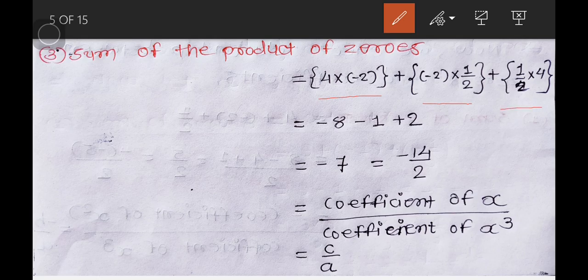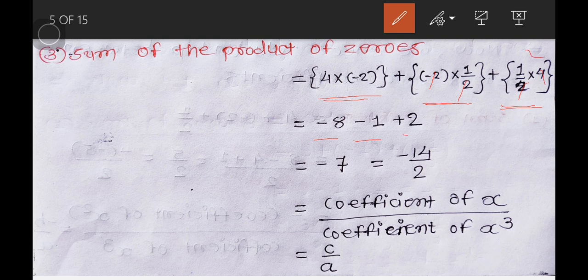We first take the products and then sum them. So 4 into minus 2 is equal to minus 8. Then minus 2 into half gives minus 1, and half into 4 gives 2.